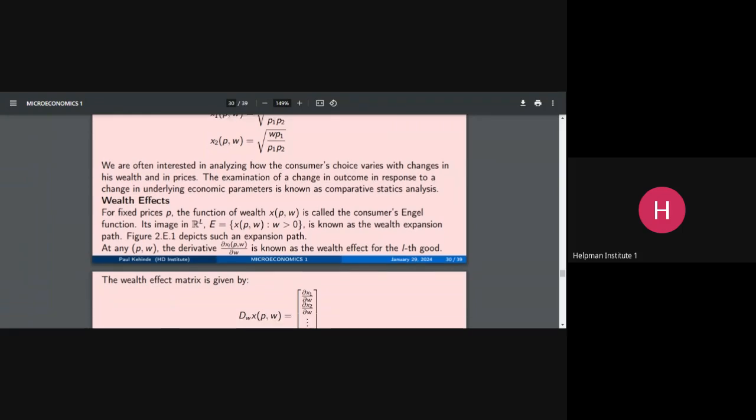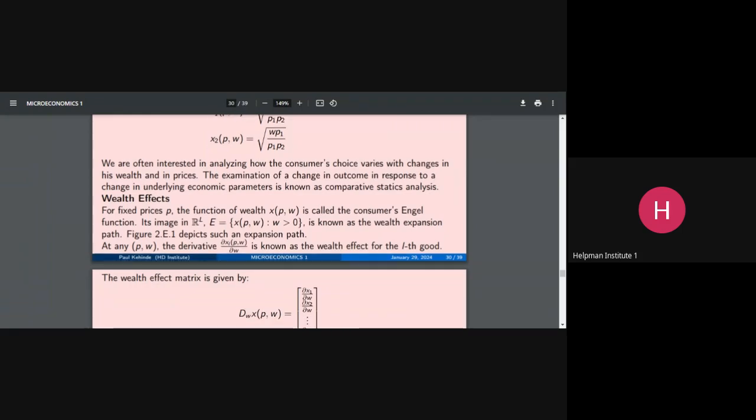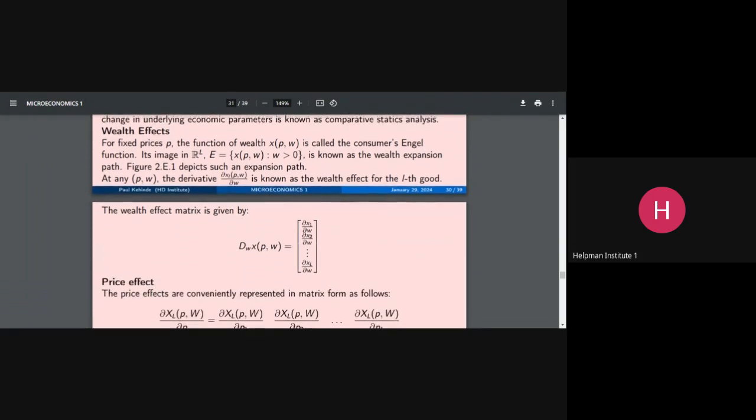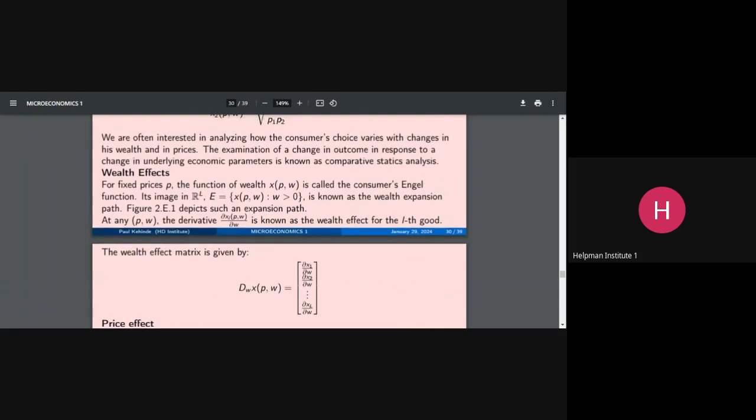The most common ones are the wealth effect and the price effect. The wealth effect is the change in wealth for a particular good. So that is what we are looking at here.